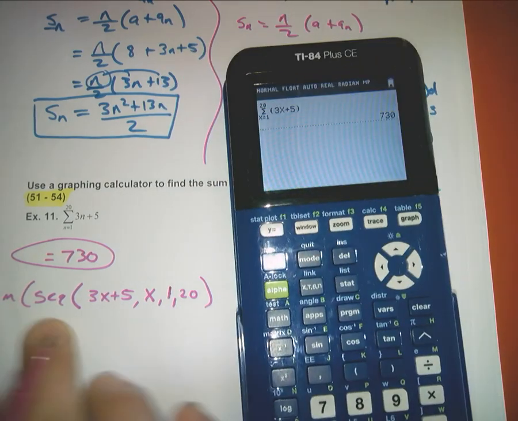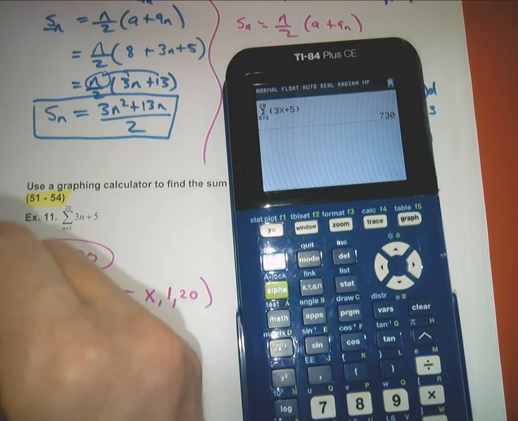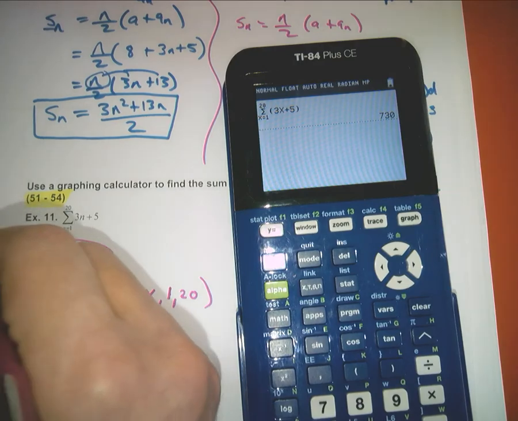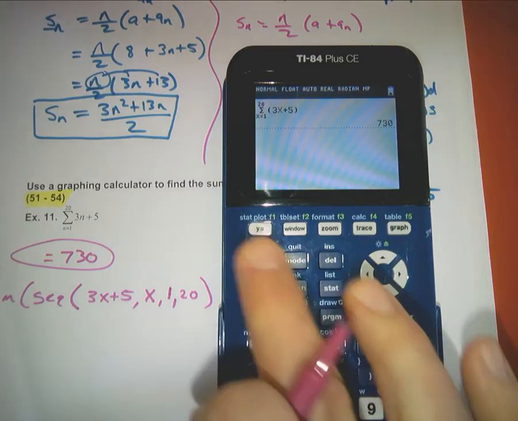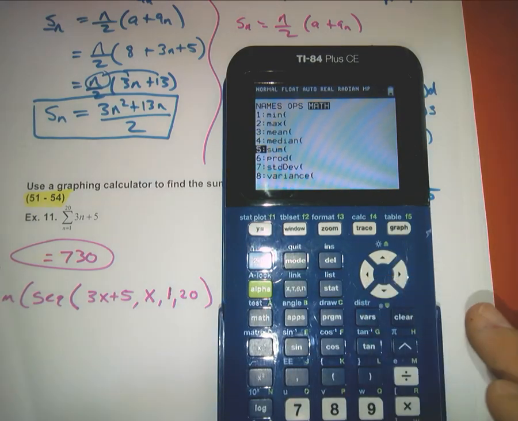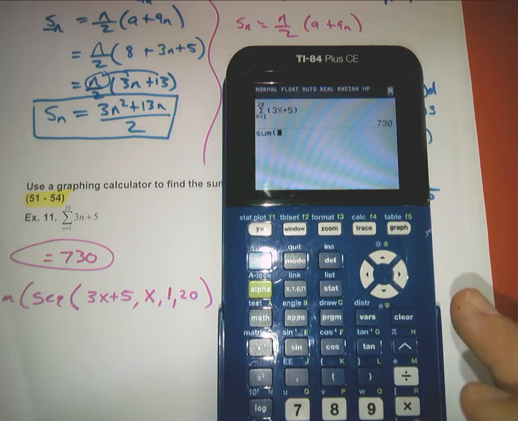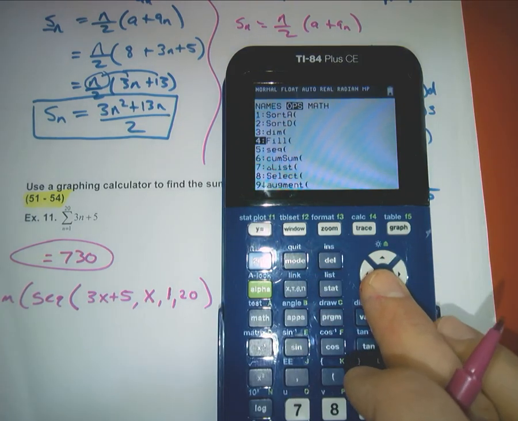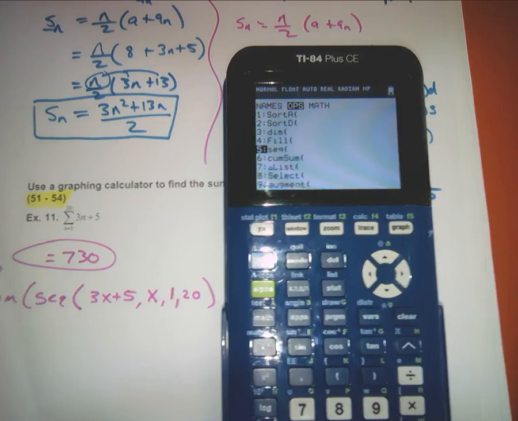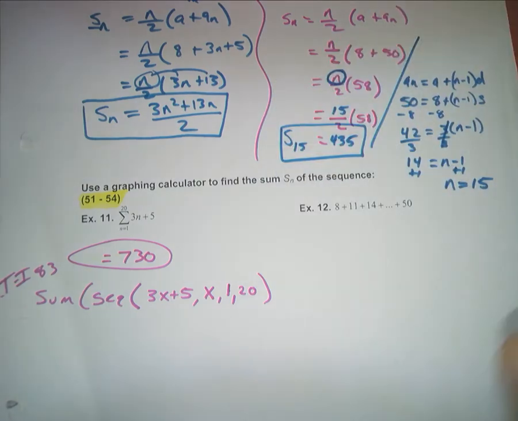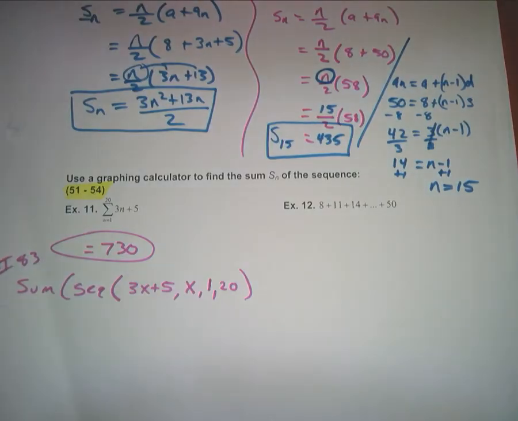And just a reminder where to find sum and sequence for my TI-83 people. We go second stat, we go over to math. There's the sum. So we would press enter on that, and then second stat list ops sequence. So that's where you find the sum of the sequence for your TI-83 people. Okay, and then you guys can type that in. So either way, you should get 730 there.